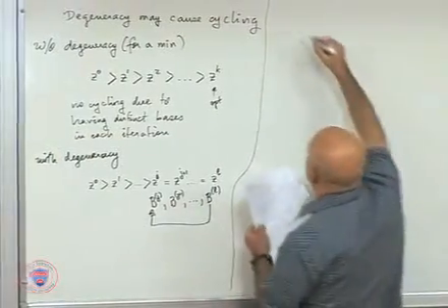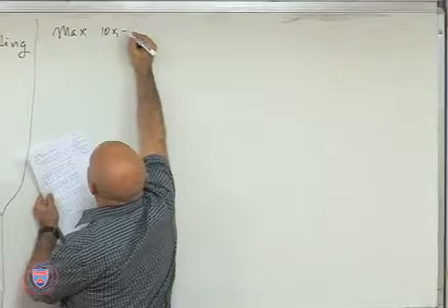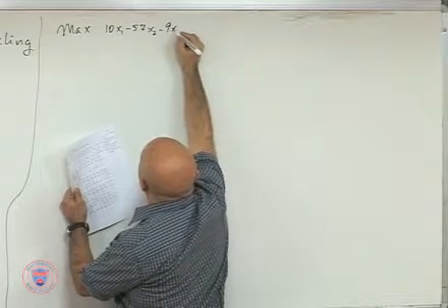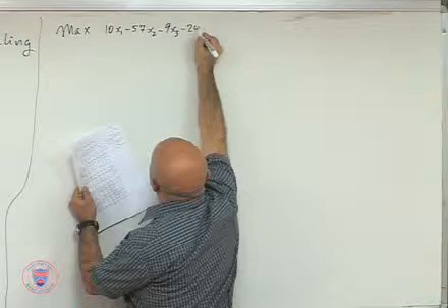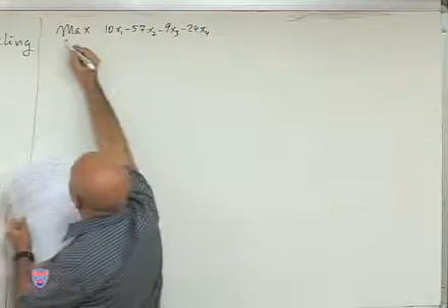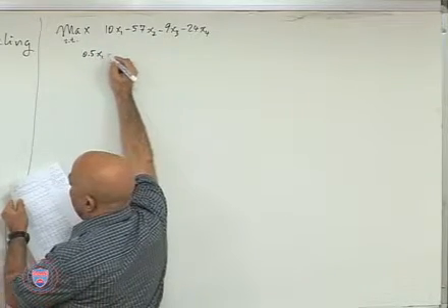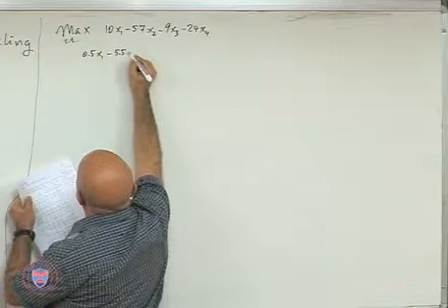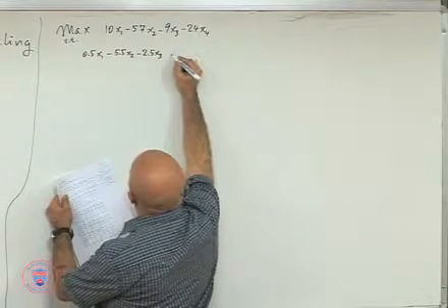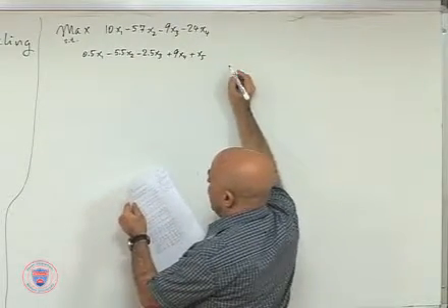So let's look at the example: maximize 10x1 minus 57x2 minus 9x3 minus 24x4, subject to 0.5x1 minus 5.5x2 minus 2.5x3 plus 9x4 plus the slack x5.